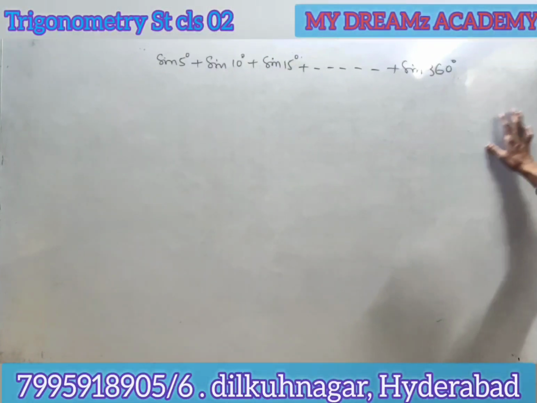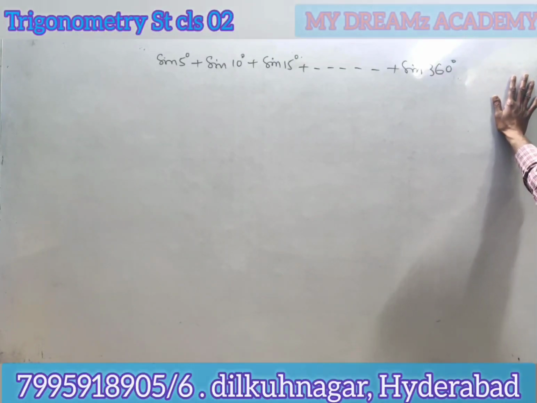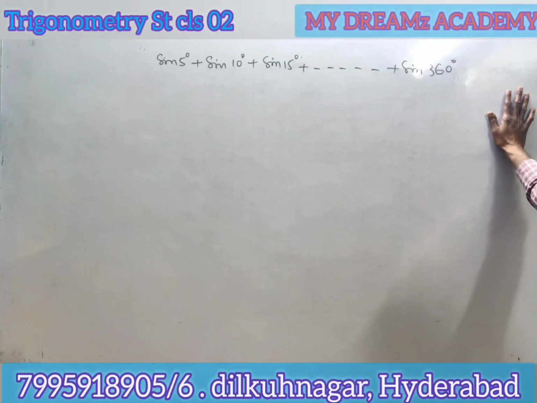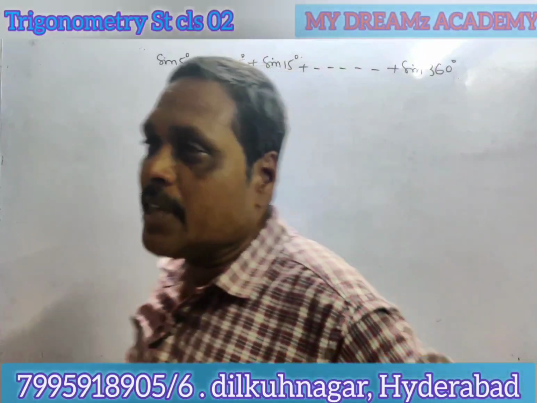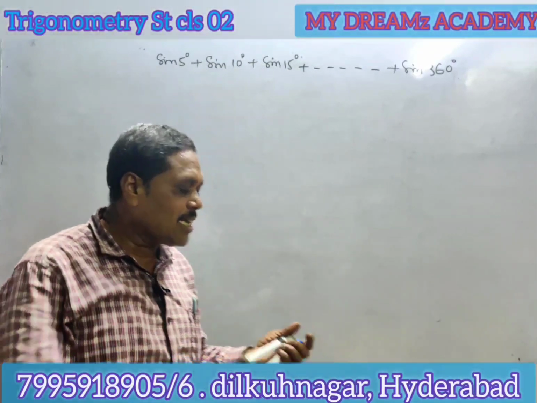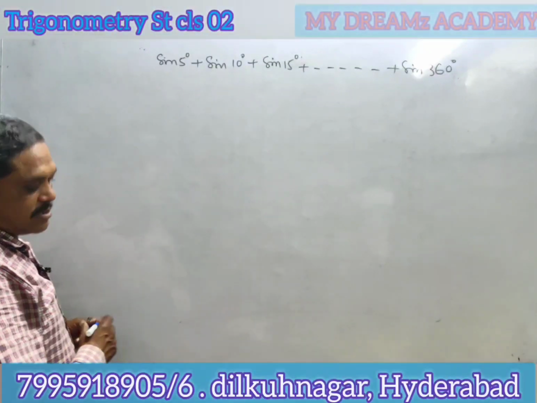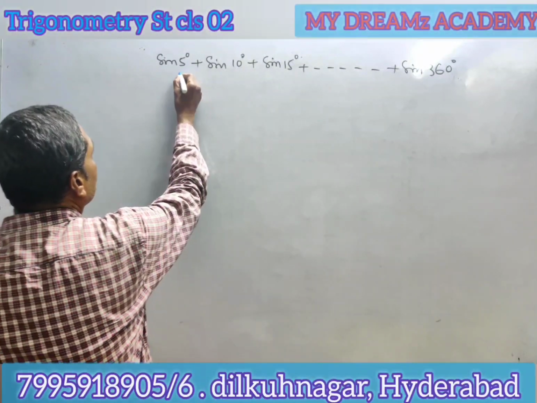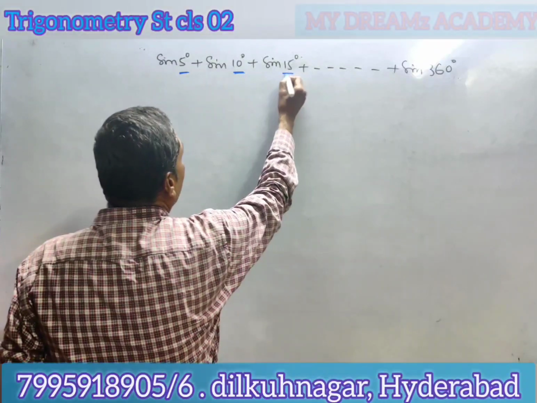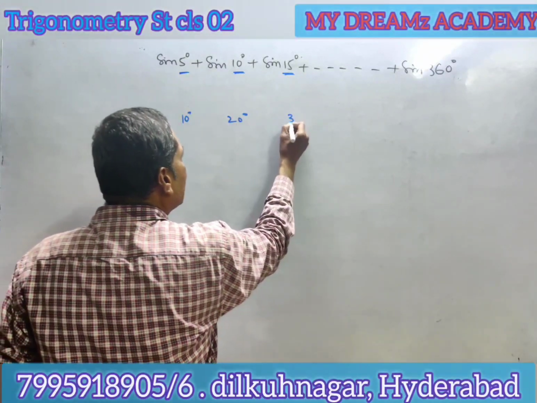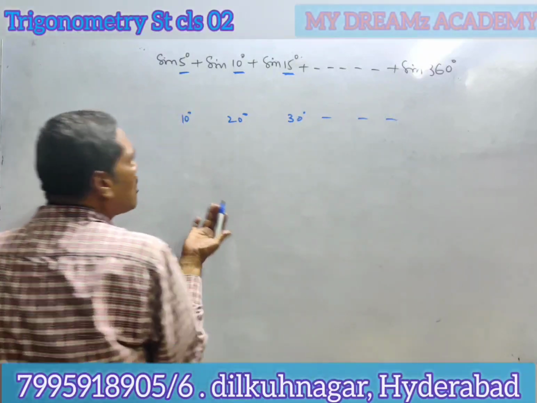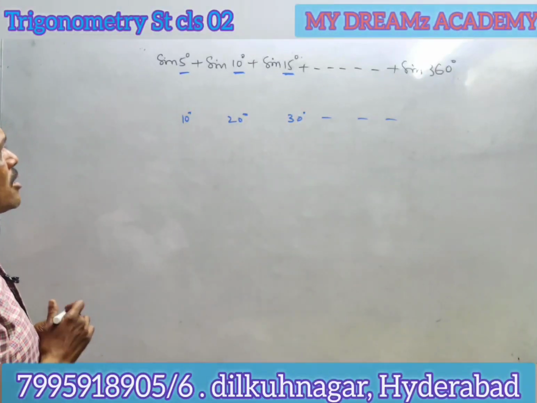Sine of 10 we don't know, sine 15 we know, sine 5, sine 20, sine 25, these values we don't know. But here you can observe all the angles are given in a common difference, that is 5, 10, 15 like that, or 10, 20, 30 like this. Even in cos also, even in tan also.